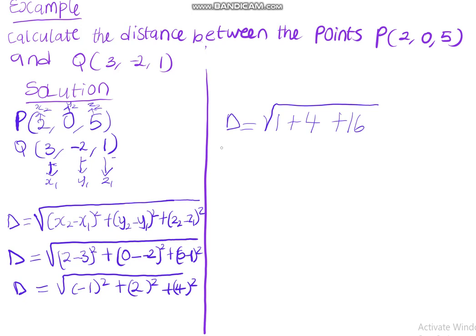Now when you add up the numbers beneath the square root, you have 21. Now the square root of 21 is 4.58 approximately.